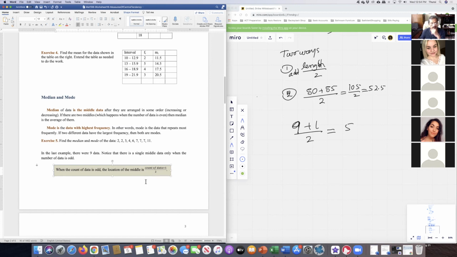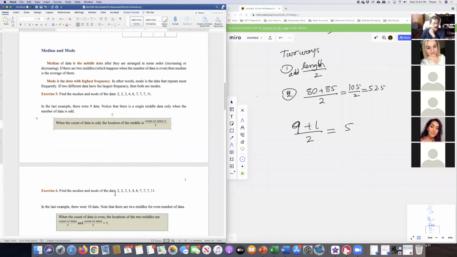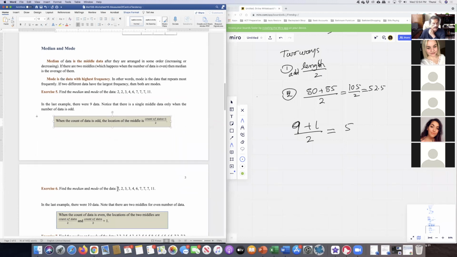If you have an even number of data, then there will be 2 middles. So let's look at this example. I have 10 data here. When there are 10 data, there are 2 numbers in the middle, 4 and 6 actually. On the left of 4 and 6, there are 4 data. On the right also, there are 4 data.